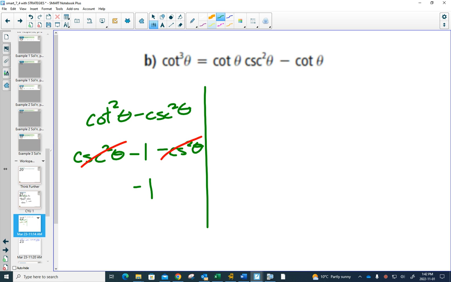You know how sometimes in grade 10, they would say factor, and you spend 5 minutes trying, and then you're like, oh, I can't get it. You look at the back of the book, and it says can't be factored. Rip the page in your textbook. Get angry because you spent so much time trying to do something only to find out, haha, it can't be done. Okay? The proofs, when they tell you prove, it will be provable.